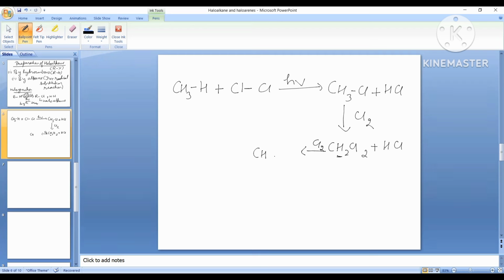Then the product will be CHCl3 plus HCl. Then it goes further, with Cl2, then CCl4 plus HCl. Then it will again react with Cl2.